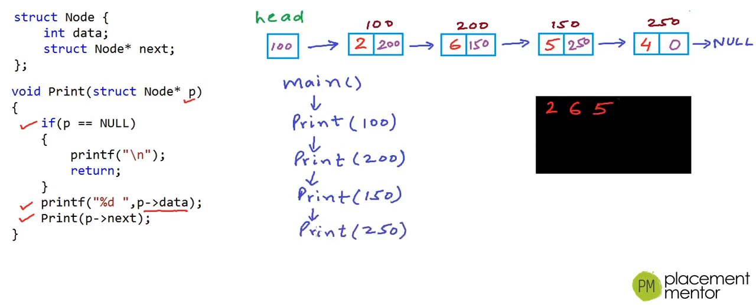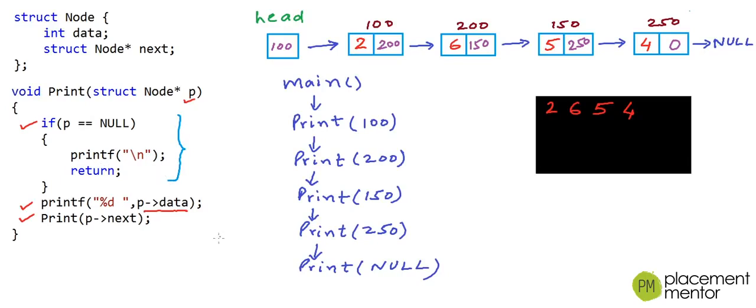In this call to print with address 250, we will first print the data, and the address field, the value of p arrow next, is 0, what we can also say null, so we will make a call like this. Now for this call with argument null, we have reached the exit condition. Recursion will not grow any further, so we will just print an end of line and return.